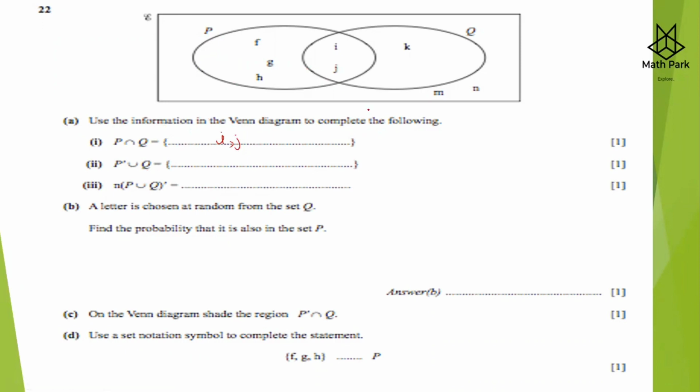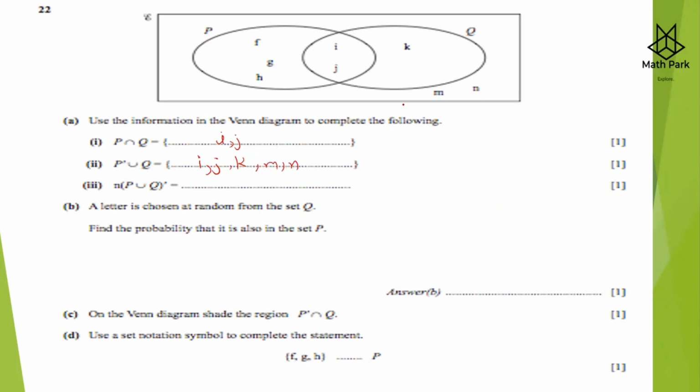It should be there in Q. So Q has I, J, K, and they say that P complement, so which is not in P, so that is, so M and N also is going to be there.